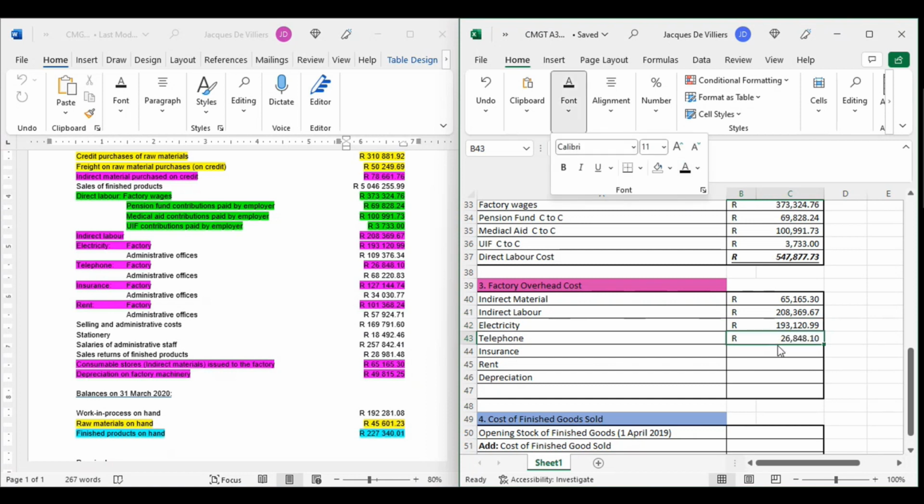Let's add. Okay. And then we get this other thing that we must also consider, and that is our depreciation. The depreciation on the factory machine is given, so we put that in as well.